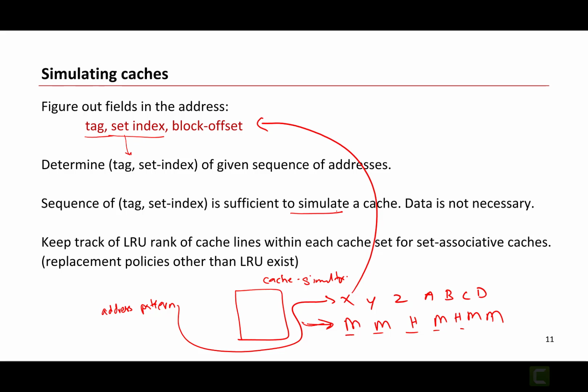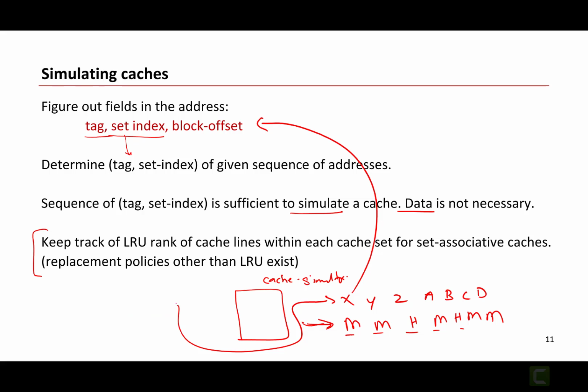I don't really need the block offset. In fact, I don't need the data, nor the block offset after that point, because the state of the cache only depends on the tag and the set index. The block offset is only used to access a byte in a given block, which is very important in the processor to grab the data, but to simulate a cache and figure out hits and misses, you don't really need that.